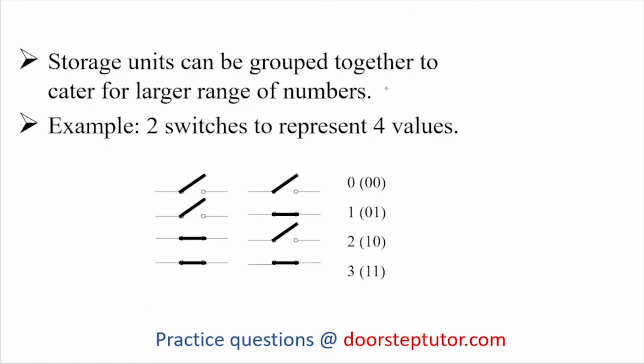Suppose we want these bits to represent a large number of values, then we can group the bits. For example, we can take 2 bits, and these 2 bits can individually have the value 0 or 1. So we have 4 combinations in this case, that is 00, 01, 10 and 11. So by using two symbols, 0 and 1, we can now represent 4 different numbers.